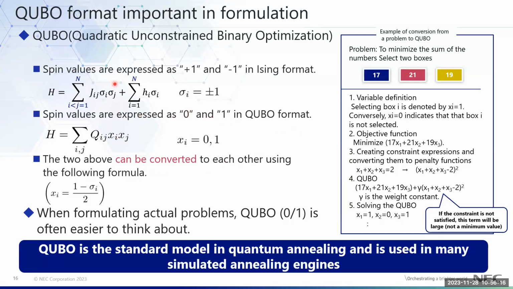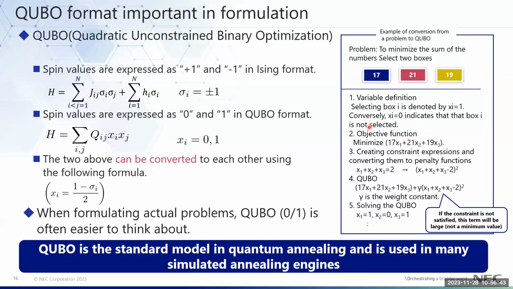The two formats are mathematically interchangeable and converted using this formula, where xi equals (1 minus sigma i) by 2. When formulating actual problems, QUBO and 0, 1 is often easier to think about as compared to the Ising spins, which makes QUBO the standard model in quantum annealing, and it's used in many simulated annealing engines.